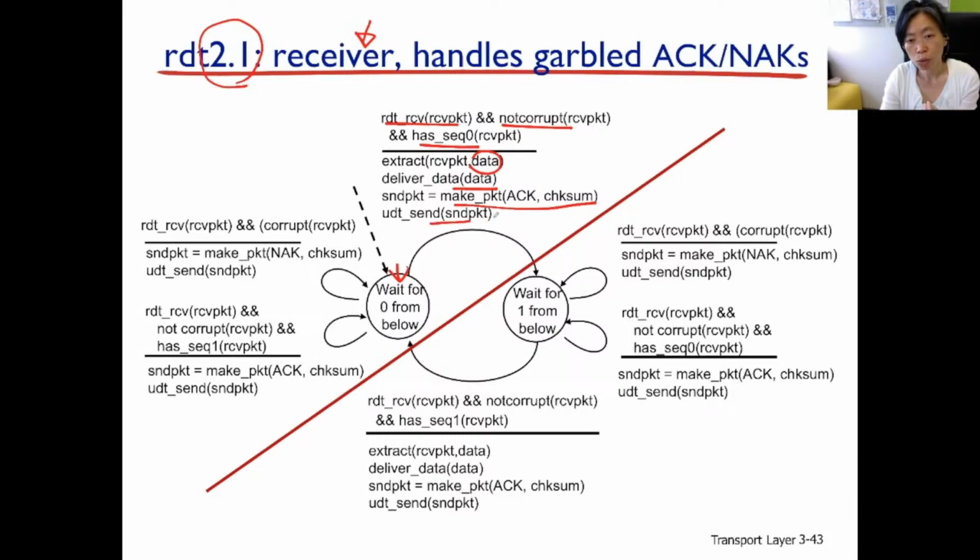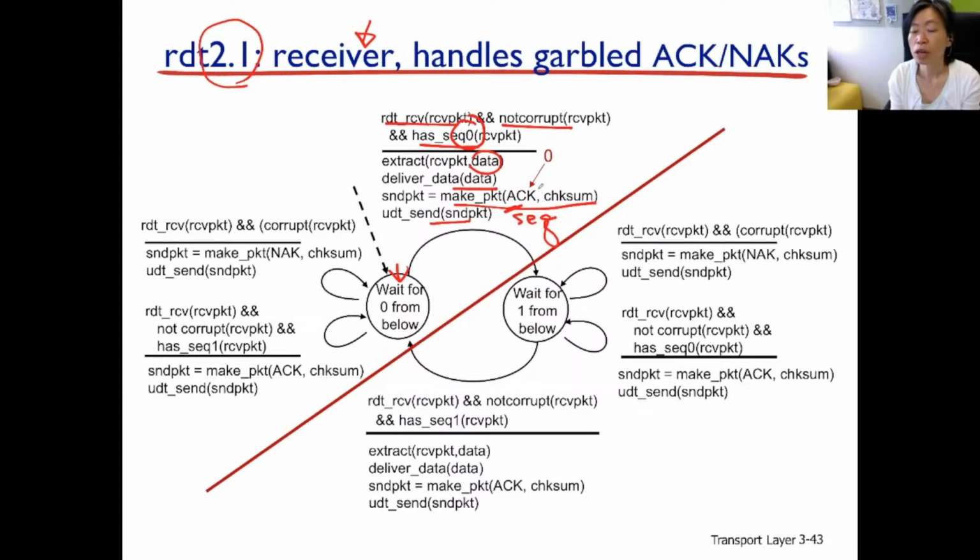Now, in 2.2, we'll be generating an ACK packet, but this ACK packet should be carrying a sequence number. According to 2.2, the sequence number should be that of the last data packet received OK. What is the sequence number of the data packet received OK? We just received 0. So, yep, you're correct.